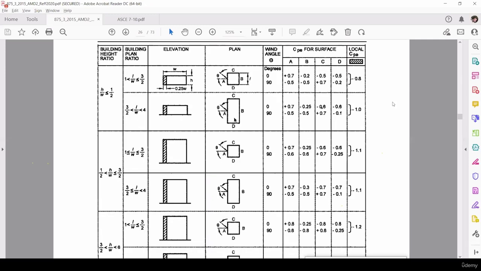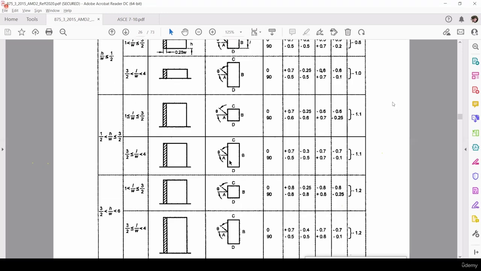Always he will take this as W. A and B are always along the length. Nothing but he is taking the larger dimension as the length and the smaller dimension as the width. Along the length direction he will apply A, along the larger dimension only, A on the one side, B on the other side.